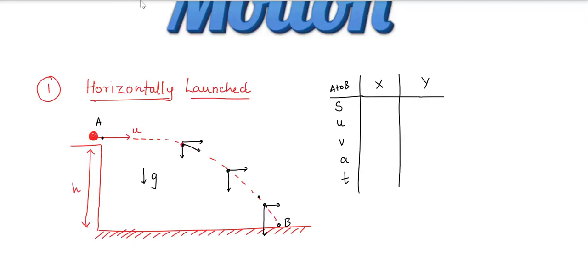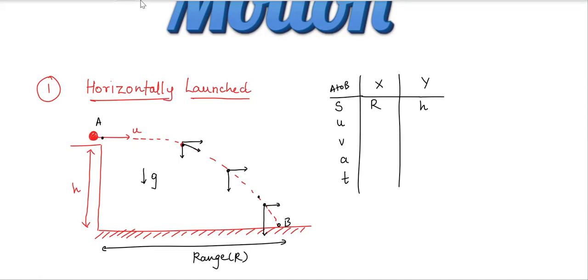In the X direction, the displacement will be the range, which they may ask. So that is R, and in the Y direction, the vertical displacement will be my H.